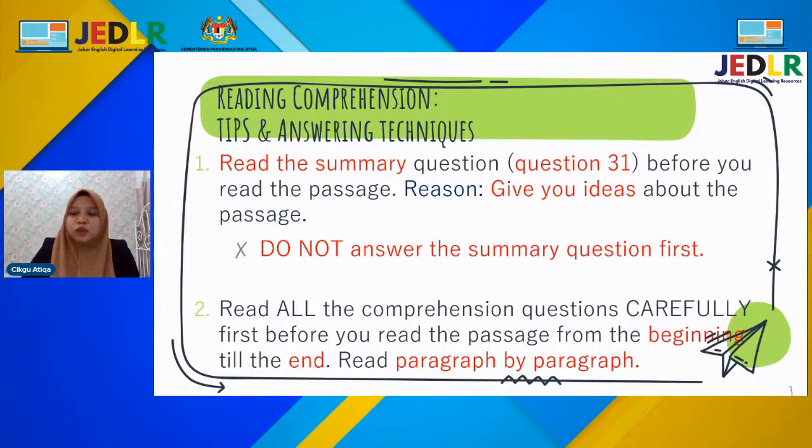So what we do now is that we reverse things. We read the questions first. We read question 31, and then we read question 26 to 30. And then you read the passage after that. It is to help you to be able to manage your stress when you are answering Section C, the long text.